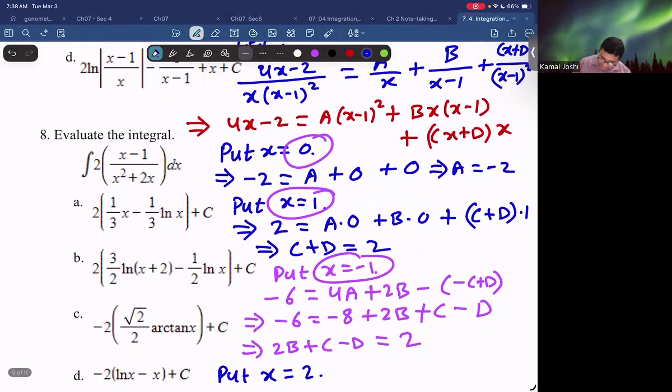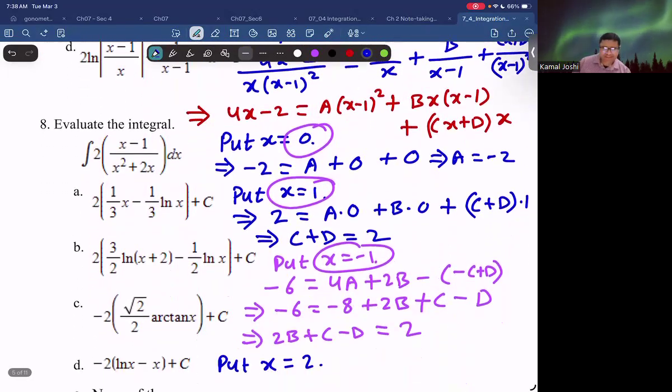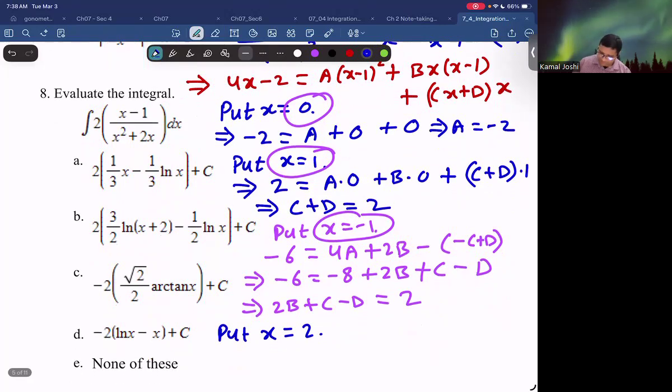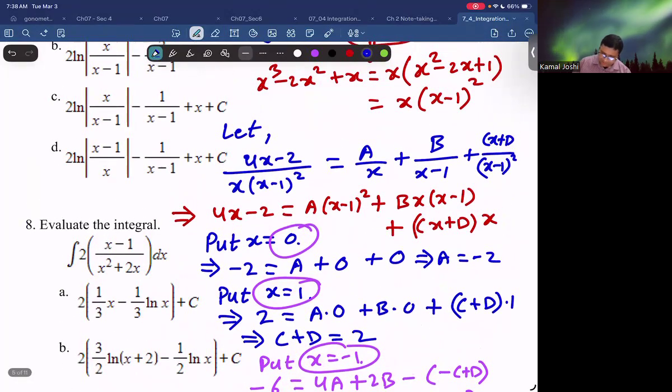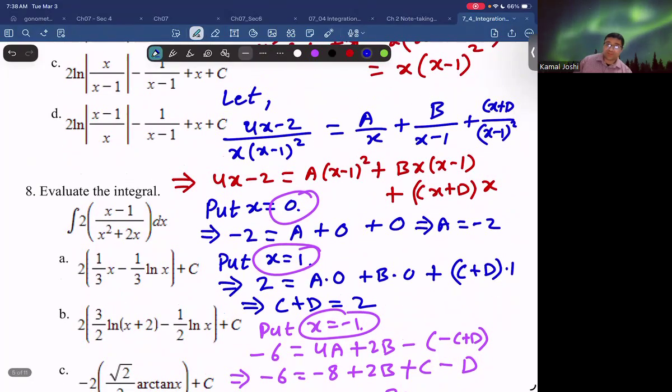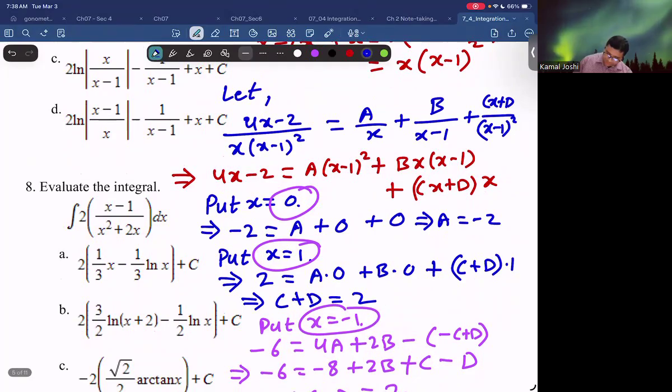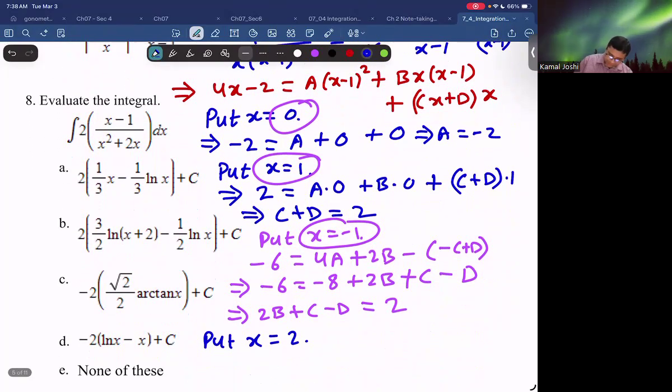When you plug in x equal to 2, you can plug in a half, 1/3, whatever you want, but those will make the equations more complicated, so I'm going with integer values. When you plug in x equal to 2, 4 times 2 minus 2, 8 minus 2, 6. 2 minus 1 is 1, so you get a there. 2 minus 1, 1, so 2b.